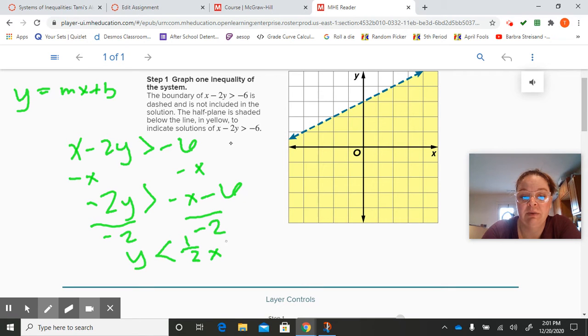And negative 6 divided by negative 2 is the same as a positive 3. So we see that we're crossing at the 3, and we're going up 1 over 2. Okay, it's a dashed line because it's strictly less than or strictly greater than. Both of those use a dashed line. And because it's less than, we only shade below.